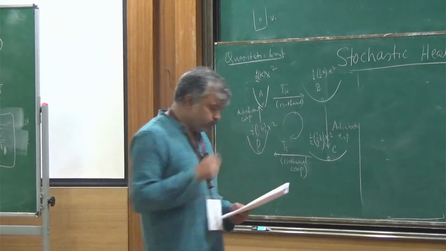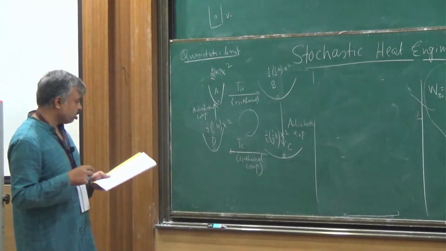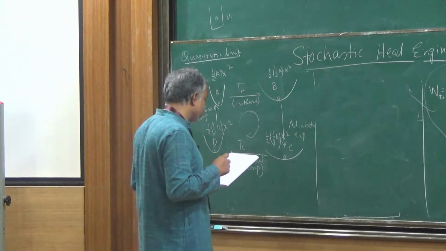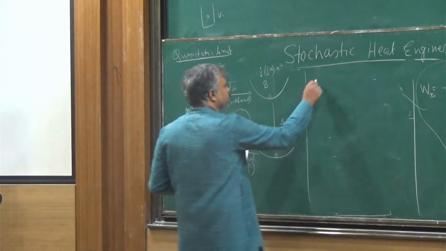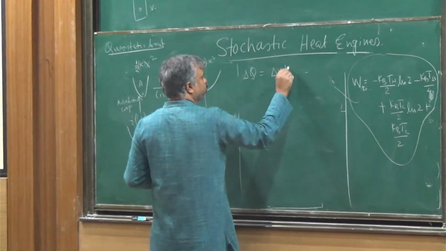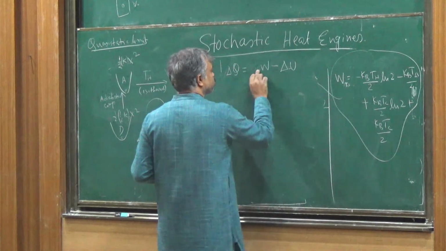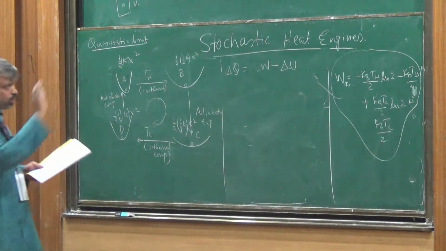To calculate the heat, Q is W minus delta U. W we already know in every step.